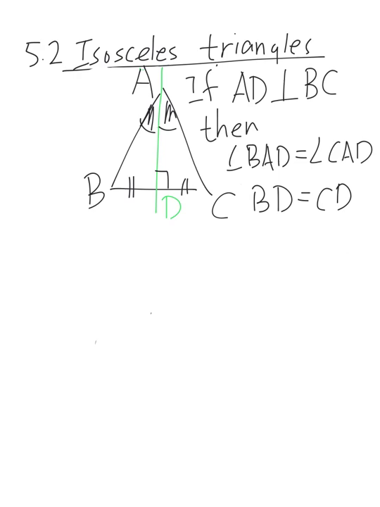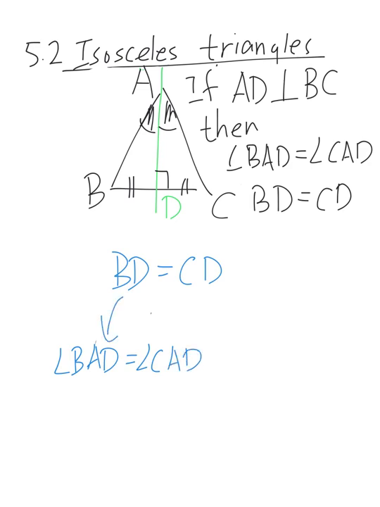In summary, we can write something like this. In the isosceles triangle, if BD is equal to CD, then you will quickly notice that two angles will be the same, and also AD will be perpendicular to BC.